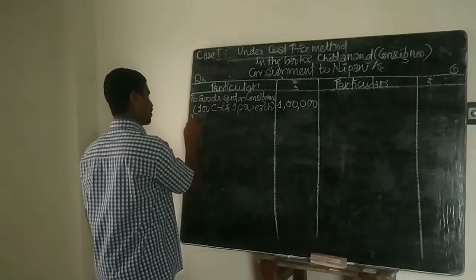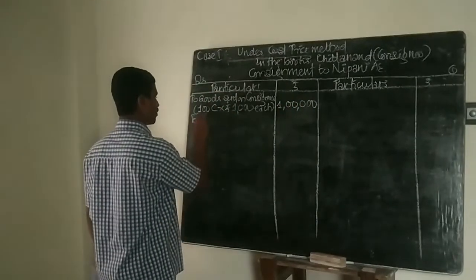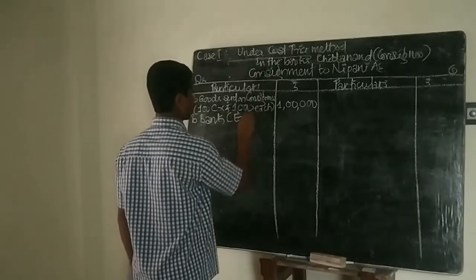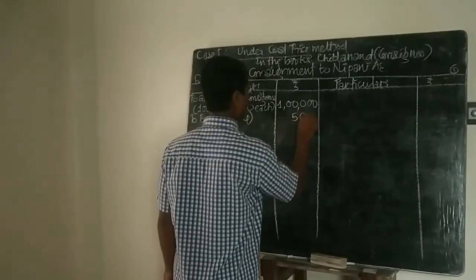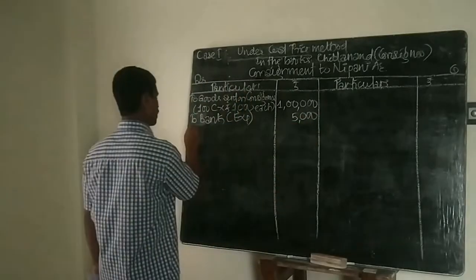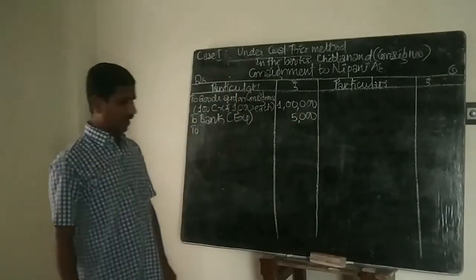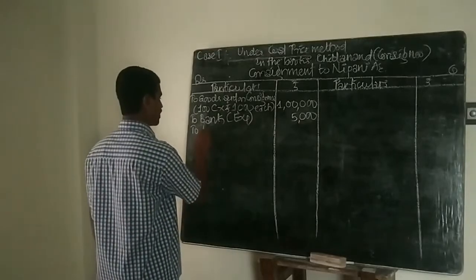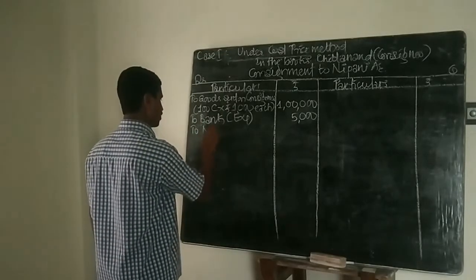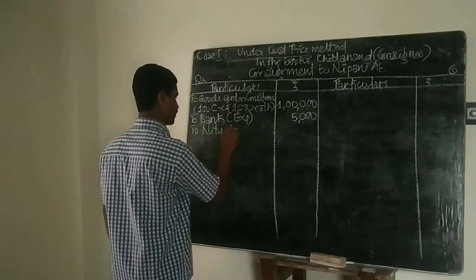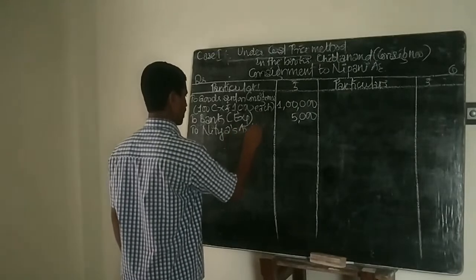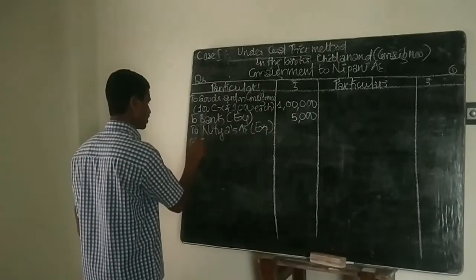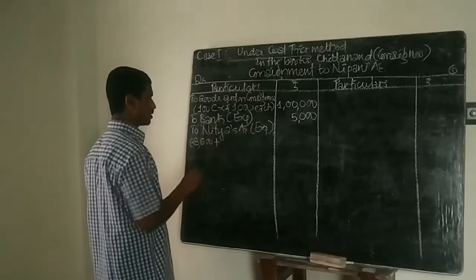When the expenses were paid by consignor, then it will be consignment account debit to bank account. In the bracket you write the expenses, rupees 5,000. When the expenses were paid by the consignee, then it will be consignment account debit to Nitya's account. In the bracket you write the expenses. Nitya has paid rupees 3,600 for unloading charges.